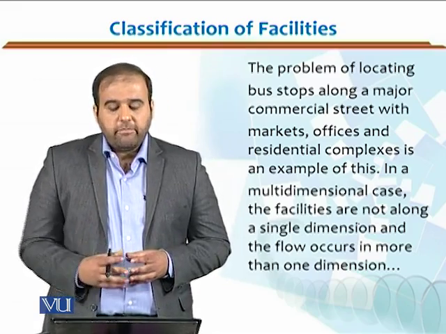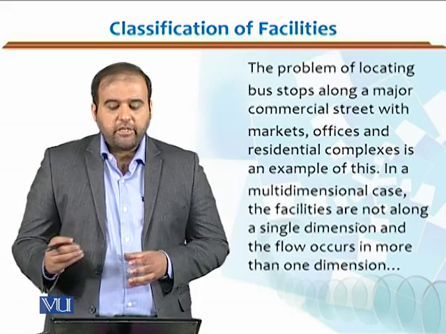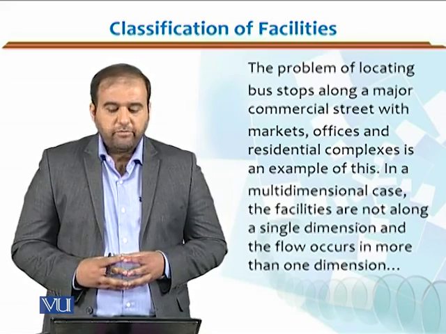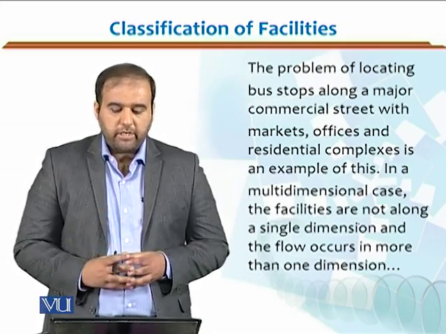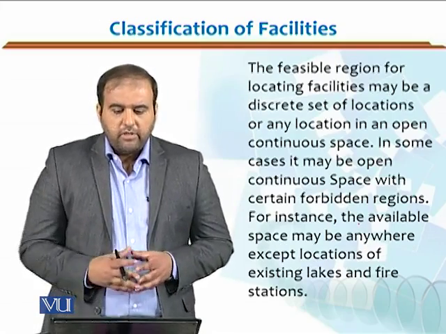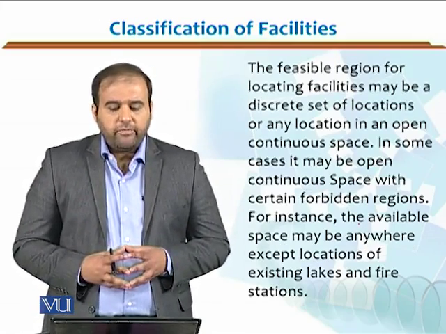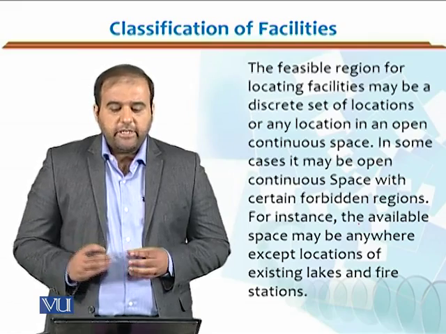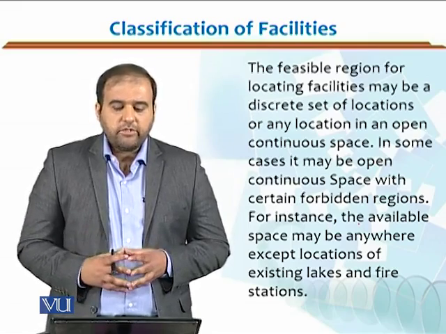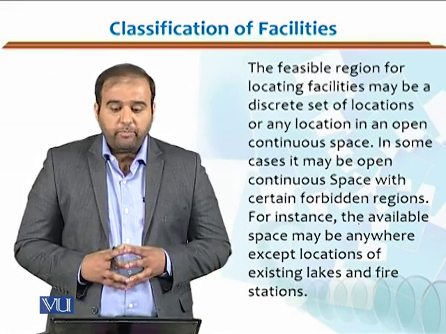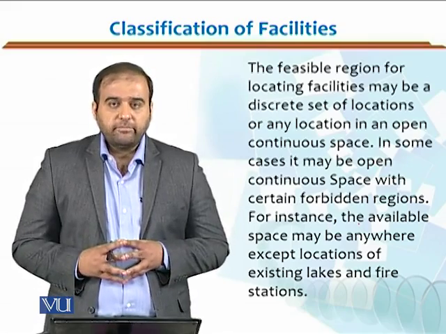In a multi-dimensional case, the facilities are not along a single dimension and the flow occurs in more than one dimension. So the feasible region for locating your facility may be a discrete set of locations or any location in an open continuous space.